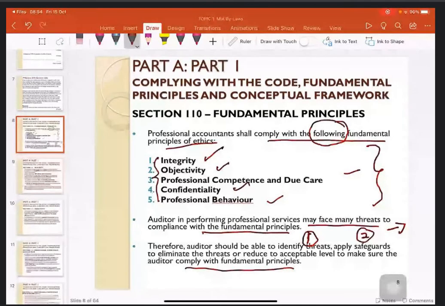Kemudian kita kena apply the safeguard to reduce the threat. Okay. So kalau kita boleh, kadang-kadang kalau you nak eliminate 100% pun sometimes it's quite difficult. Okay. Kalau you tak boleh nak eliminate 100%, but at least you be able to reduce the threat. So that we can follow that fundamental principle. Is it clear? Kena faham konsep dulu lah.